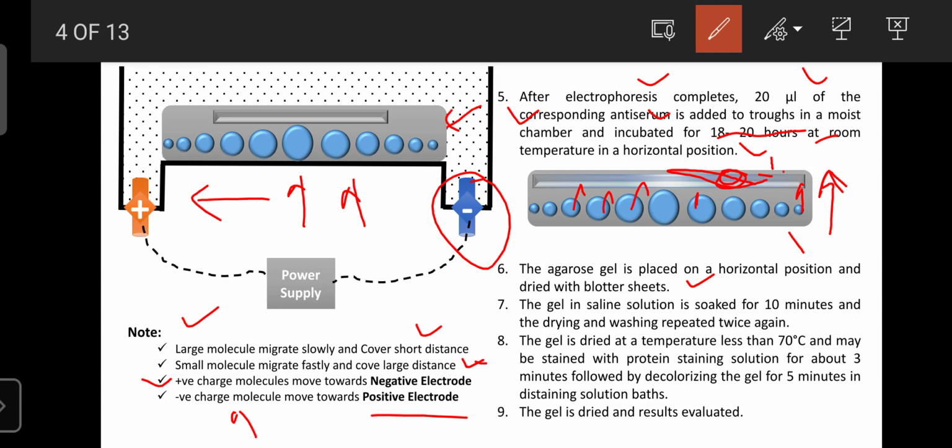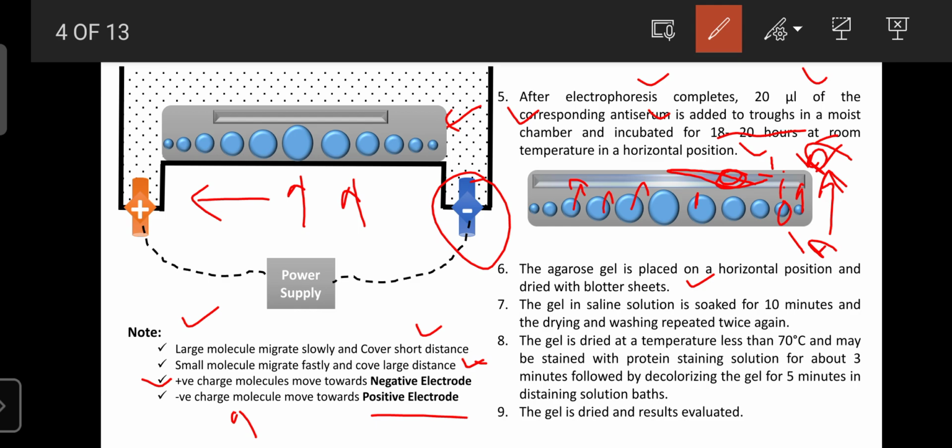Suppose this is antigen A, and we are adding here antibody A. Definitely only this molecule can interact with this antibody to form the antigen-antibody reaction. The remaining molecules travel here, but no antigen-antibody reaction occurs, because a particular antigen reacts only with its particular antibody, and only then can it form the complex.